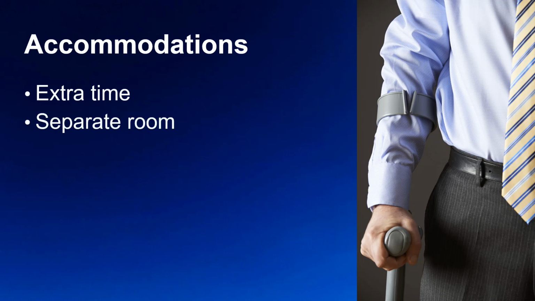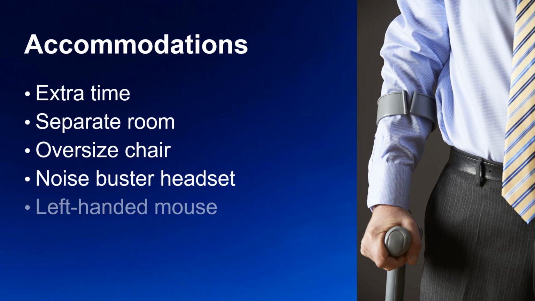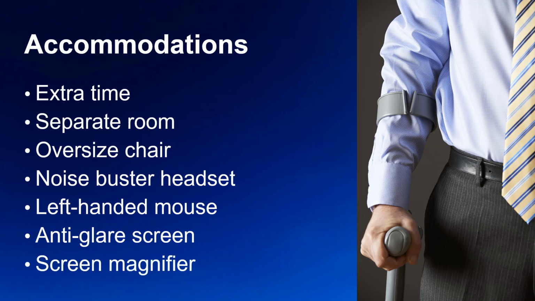Prometric claims that regardless of a test taker's disabilities and challenges, they aim to test on a level playing field. The types of accommodations that they list on their website include extra time, using a separate room, having an oversized chair, noise buster headsets, even a left-handed mouse is available, anti-glare screens or screen magnifiers.